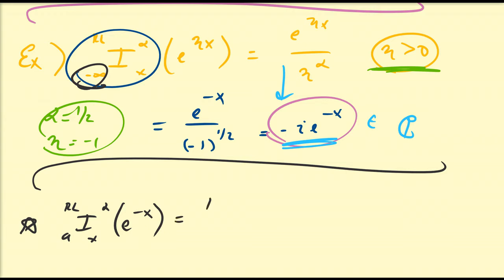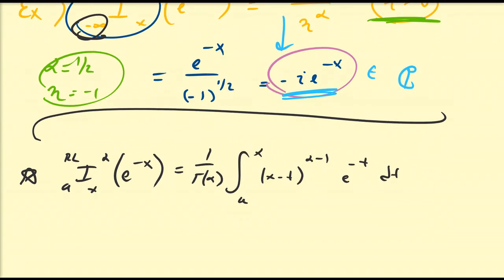So we know this is going to be equal to 1 divided by gamma alpha times the integral from a to x of (x minus t) to the alpha minus 1 times e to the minus t dt, right? So what do we know about e to the minus x? We know that e to the minus x is bounded below by y equal to 0 on the right-hand side of its domain, right?